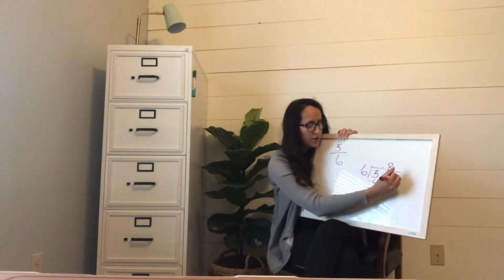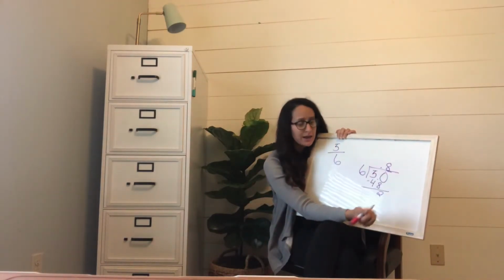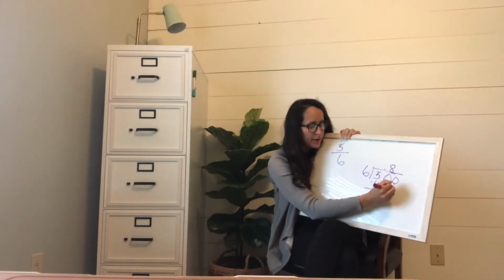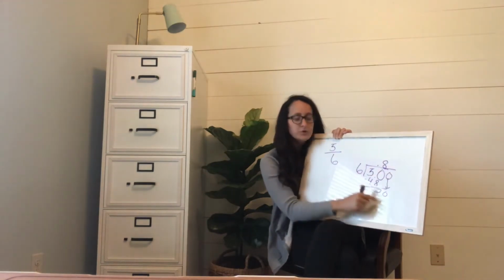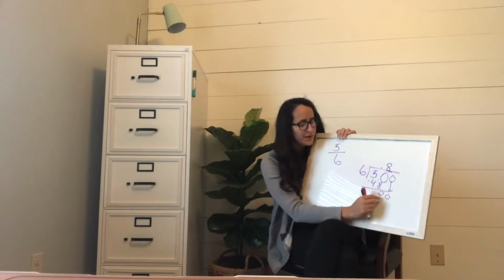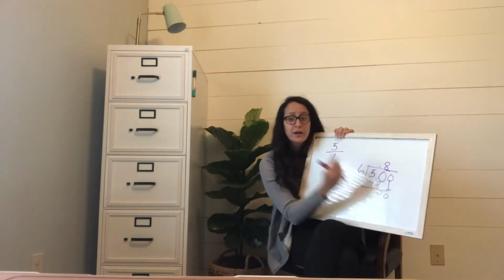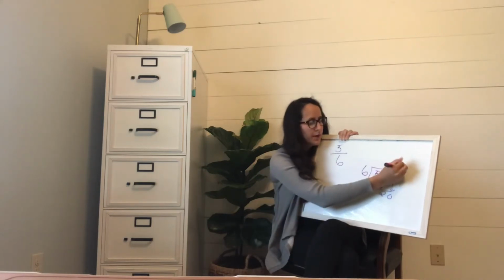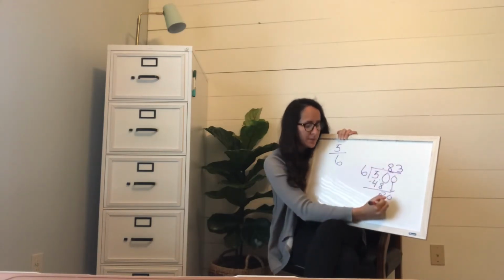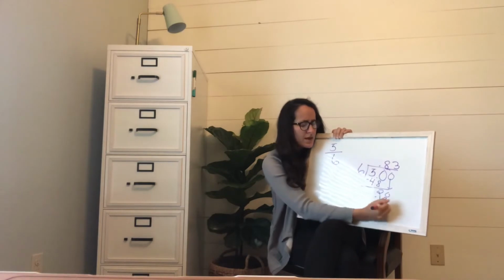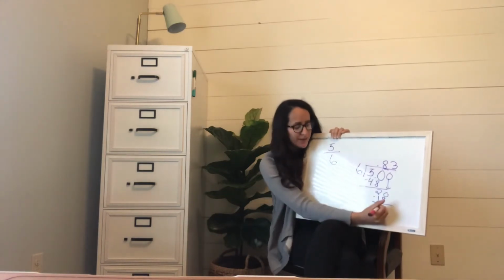6 will not go into 2, so we're going to annex another 0, bring it down, and we have 20. 6 will go into 20 three times, because 3 times 6 is 18. I'm going to subtract. We get 2.